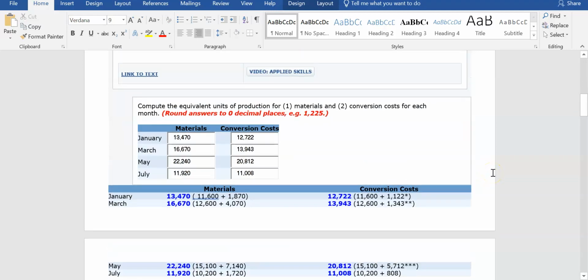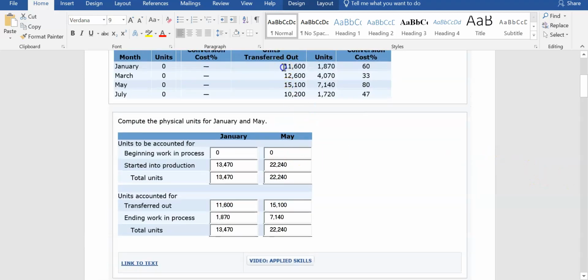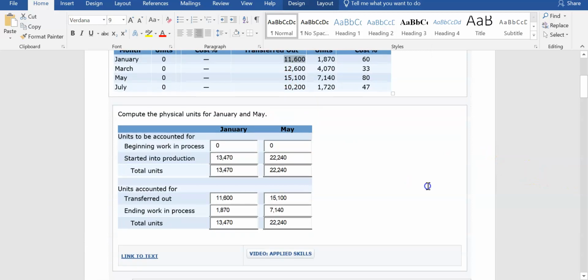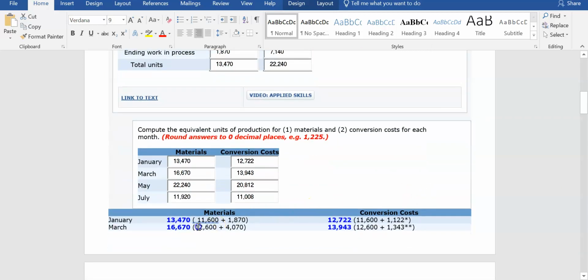To calculate the total number of equivalent units for January, we will take into account the units that were 100% complete because they were transferred out. 11,600 units were completed and transferred out. We know that they must have been 100% complete or had all their materials. Otherwise, they would not have been completed and transferred out.